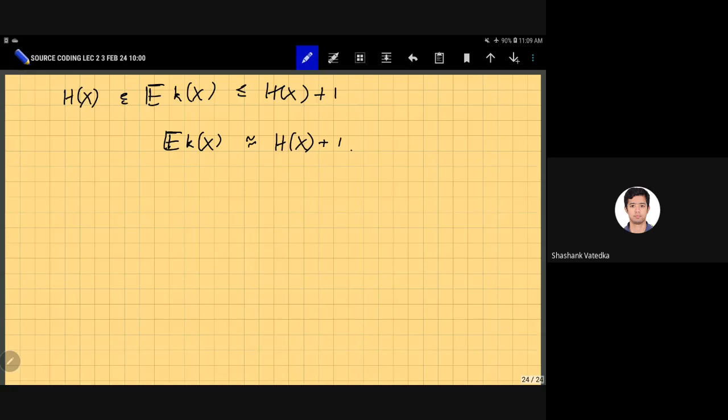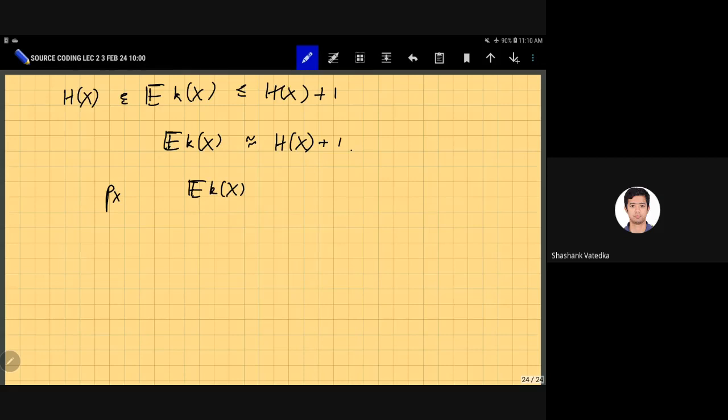So for a general distribution, let us suppose that we have some distribution P_X, where the expected length is achieved by the Huffman code.